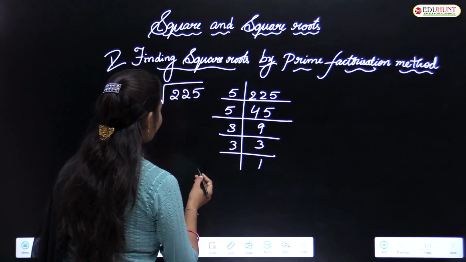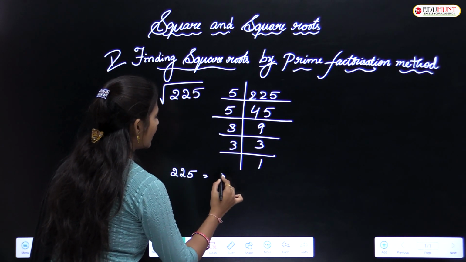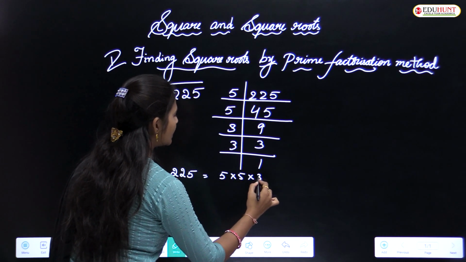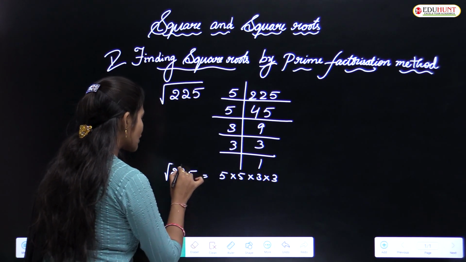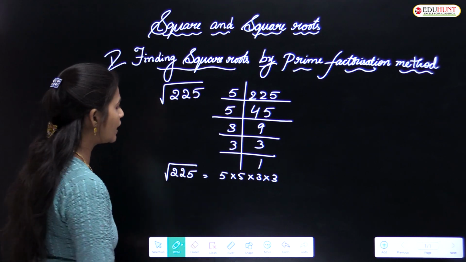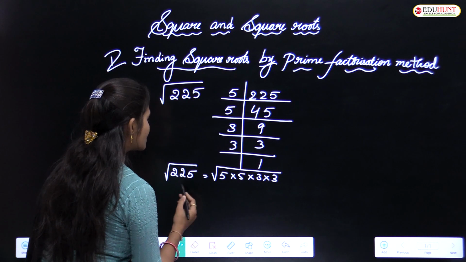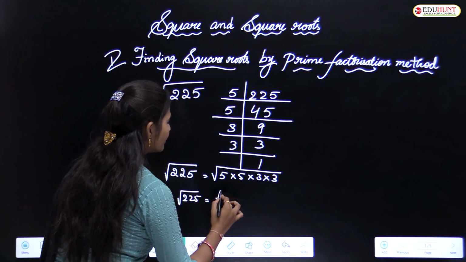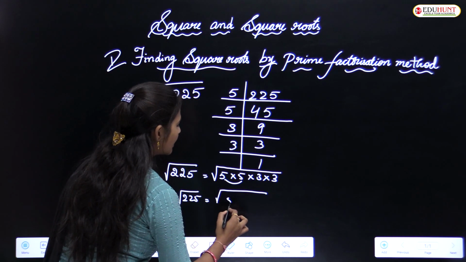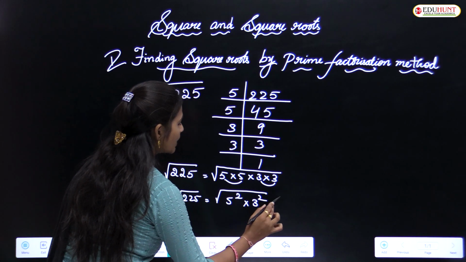So what is the prime factorization of 225? That is 5 into 5 into 3 into 3. Now we need to find the square root of 225. The square root of 225 is equal to the square root of 5 into 5 into 3 into 3, which we can write as 5 squared into 3 squared.